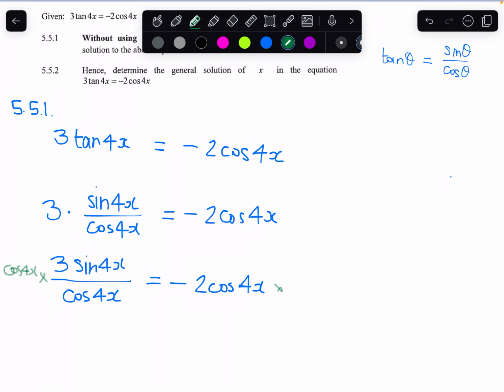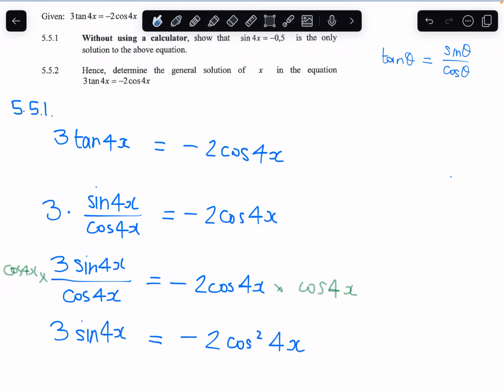Yeah, that's fine. Then we have 3 sine 4x is equal to negative 2 cos squared 4x.